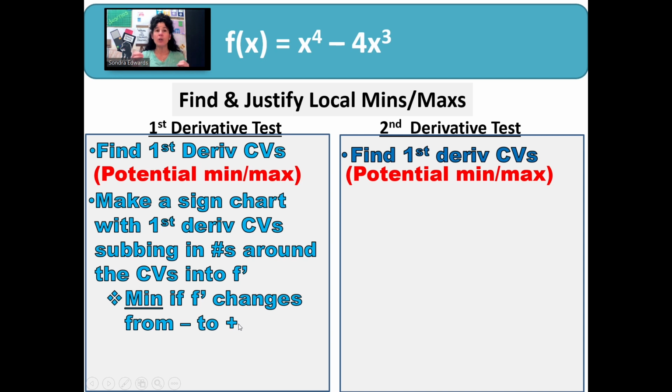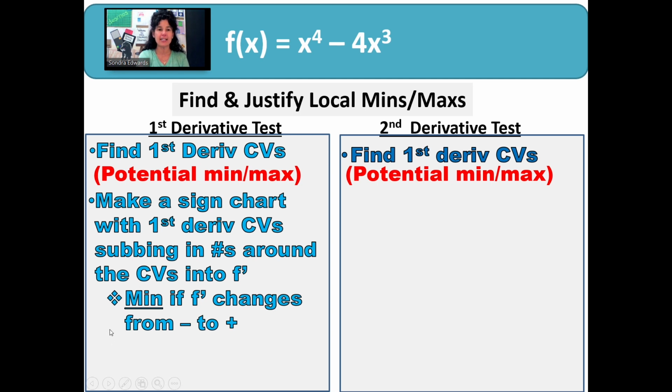Keep in mind that when you substitute a number into the first derivative, what that's telling you is whether the original function is going uphill or downhill. The slope of the tangent to a function that's going uphill is positive, and the slope of the tangent to a function that's going downhill is negative.